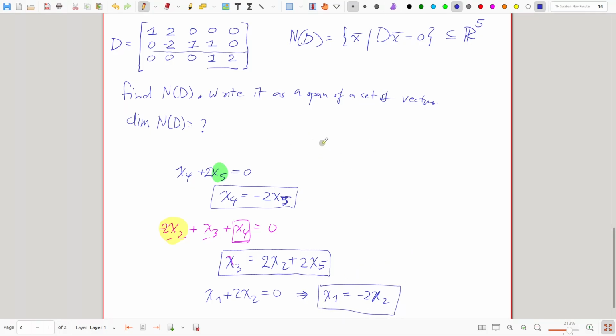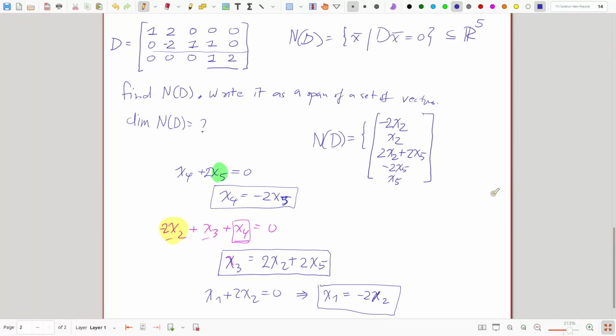The null space of D equals the set of vectors where x1 is minus 2x2, x2 is just x2, x3 is 2x2 plus 2x5, x4 is minus 2x5, and x5 is x5 itself.